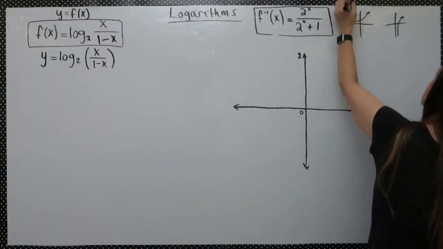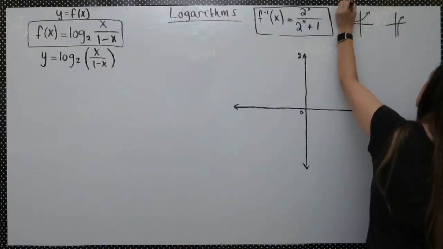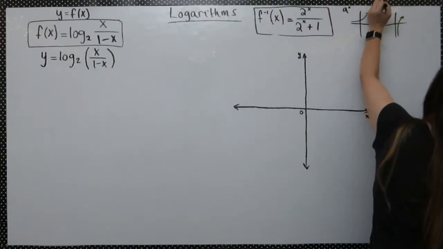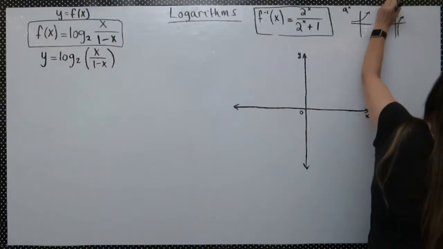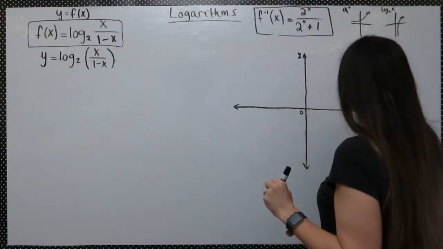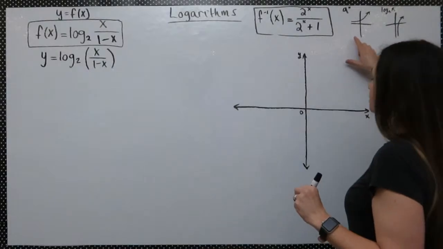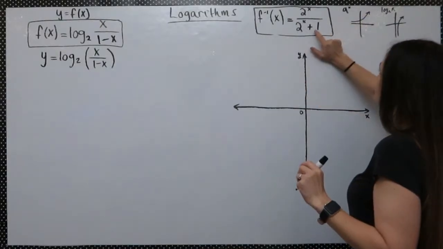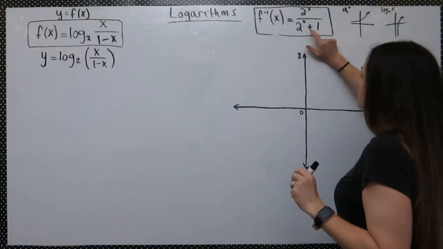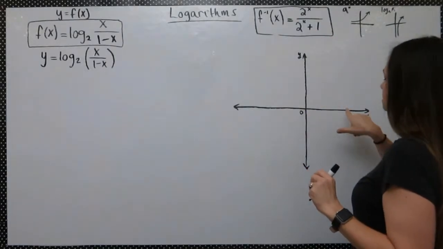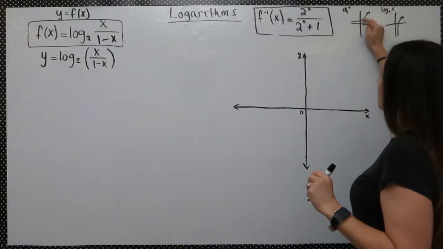This one is a to the x, and this one would be log a of x. Those are both the general behaviors. I know that the exponential function, this one here, is most likely not going to have an x-intercept, but it will have a y-intercept.